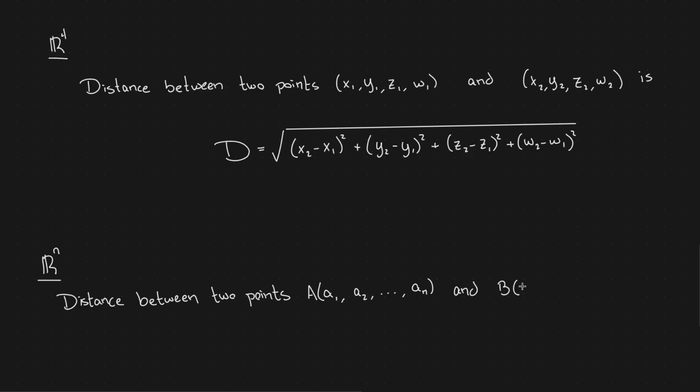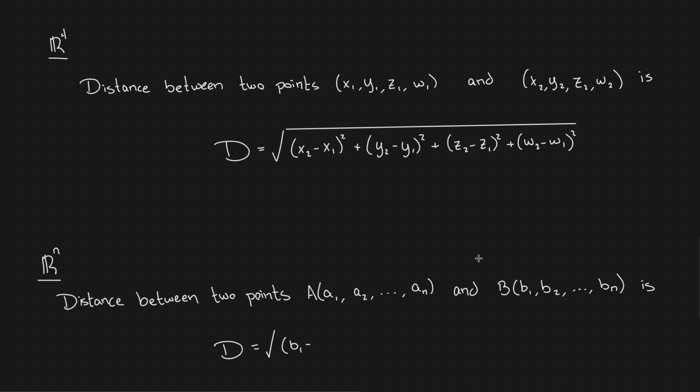And B, and the components of point B are b1, b2, all the way to bn, is d equals the square root, and just subtract the corresponding components.